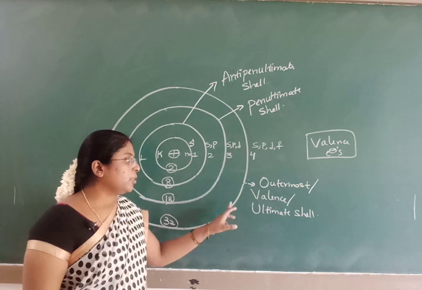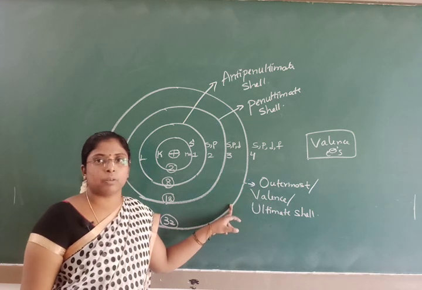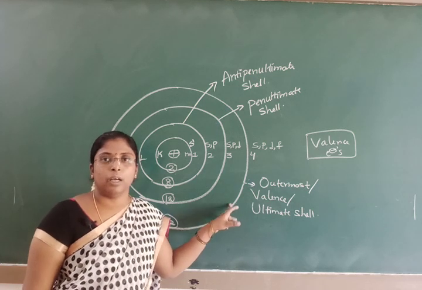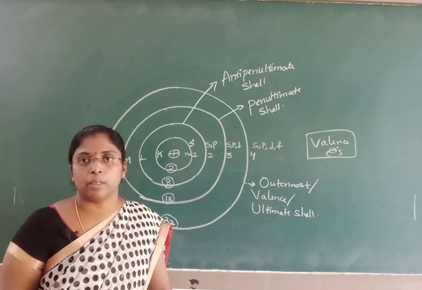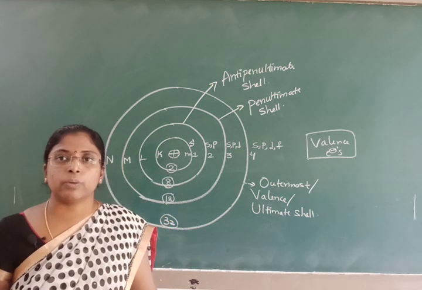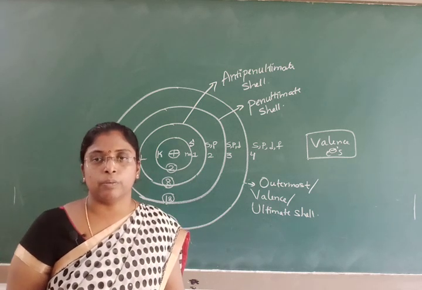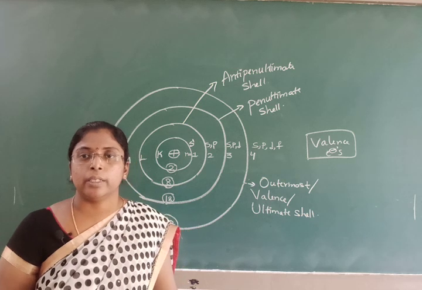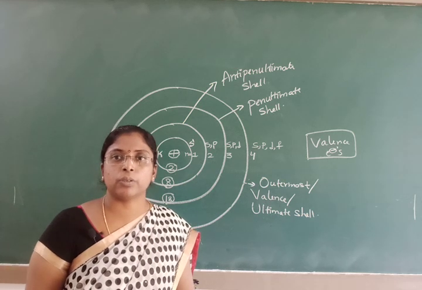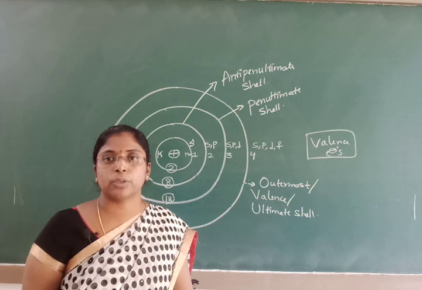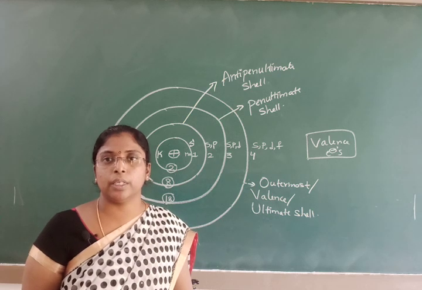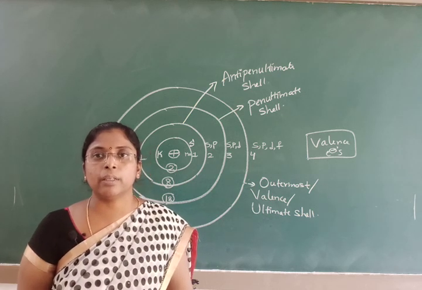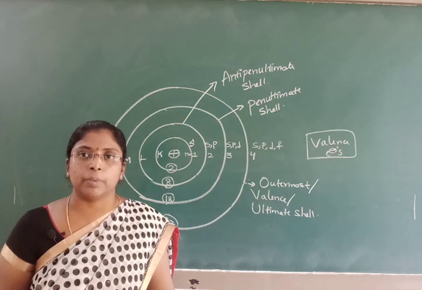There should be a total of 8 electrons in its outermost shell, then the element is stable. That rule is known as the octet rule. In its valence shell the number of electrons should be 8, that is, it should have an octet configuration in its outermost shell, then that element is stable.